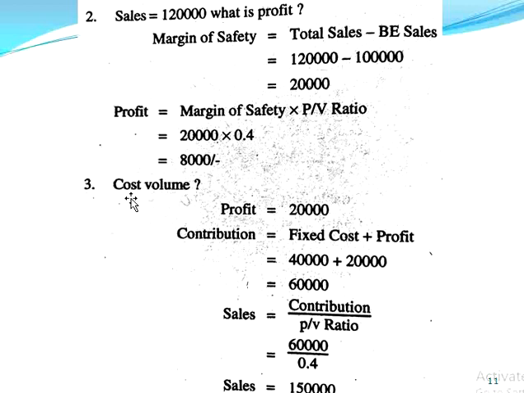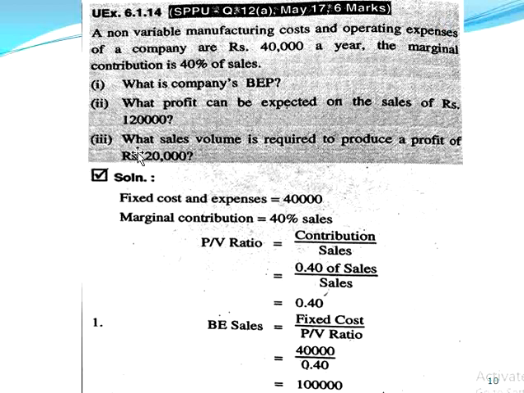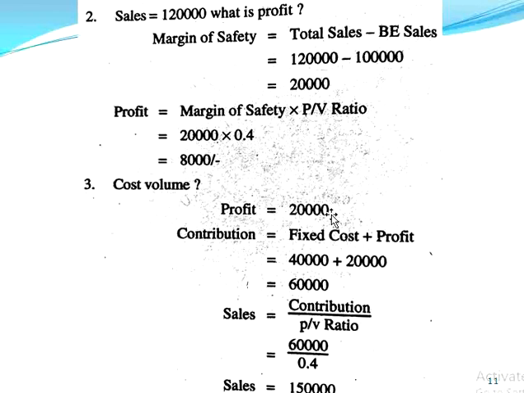Then the sale is contribution upon PV ratio. We have the condition: what sale volume is required to produce a profit of 20,000. Contribution is equal to fixed cost plus profit.